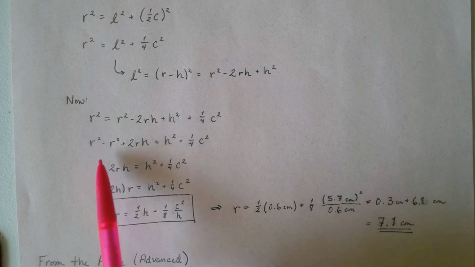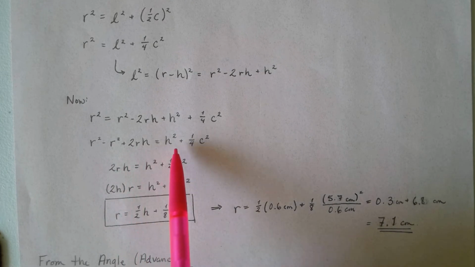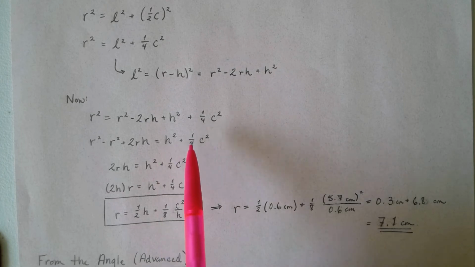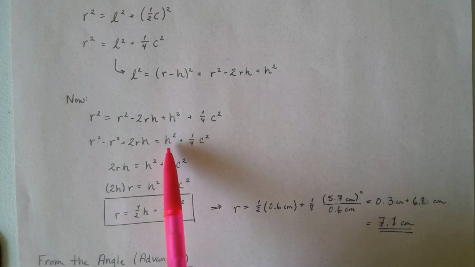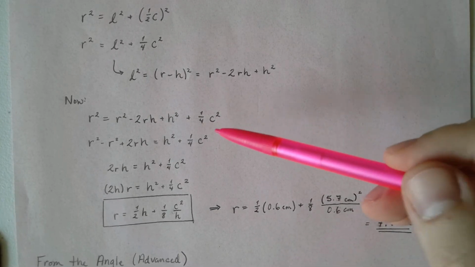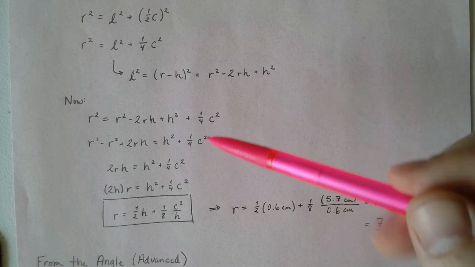And so we now have an equation in terms of the radius of curvature, r, and our known quantities, the depth of the spoon and one of the axes of our ellipse for the spoon.